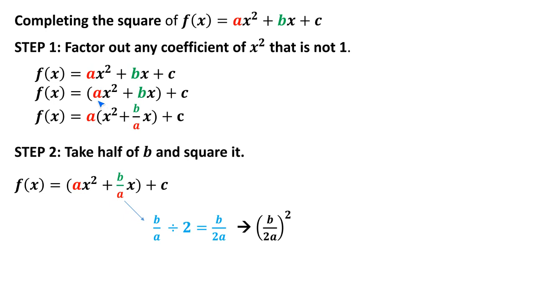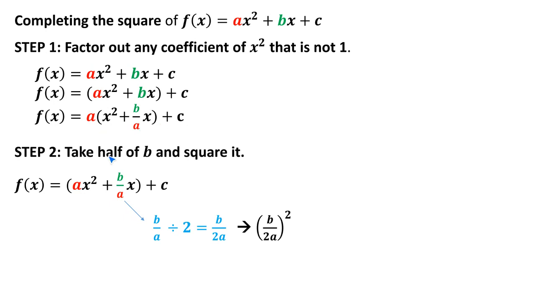If I factor out the a, essentially you're just dividing by a, so a divided by a is going to be a 1. And for the b, if we factor out an a, it's like we're just dividing by a, right? Because if you multiply a times b over a, you end up with b. Okay, so this is where we're at.